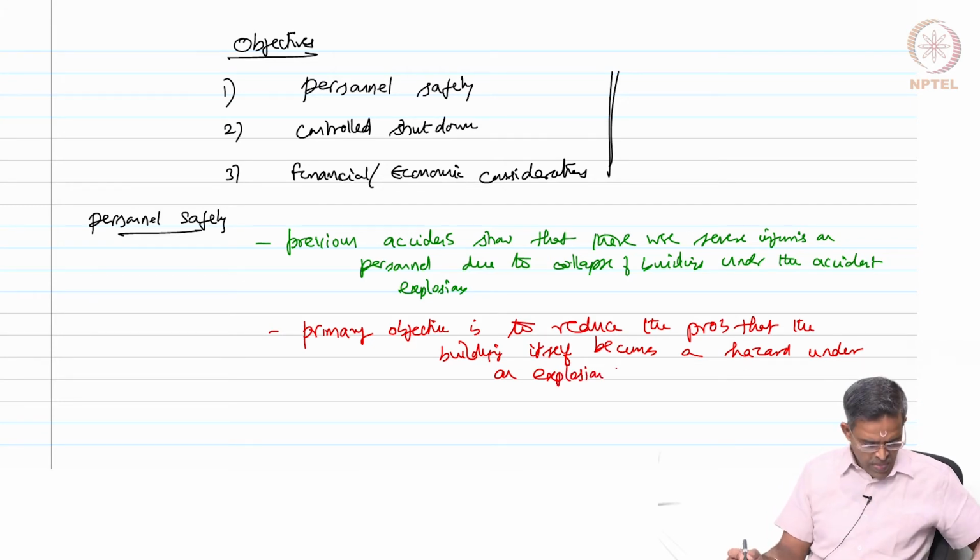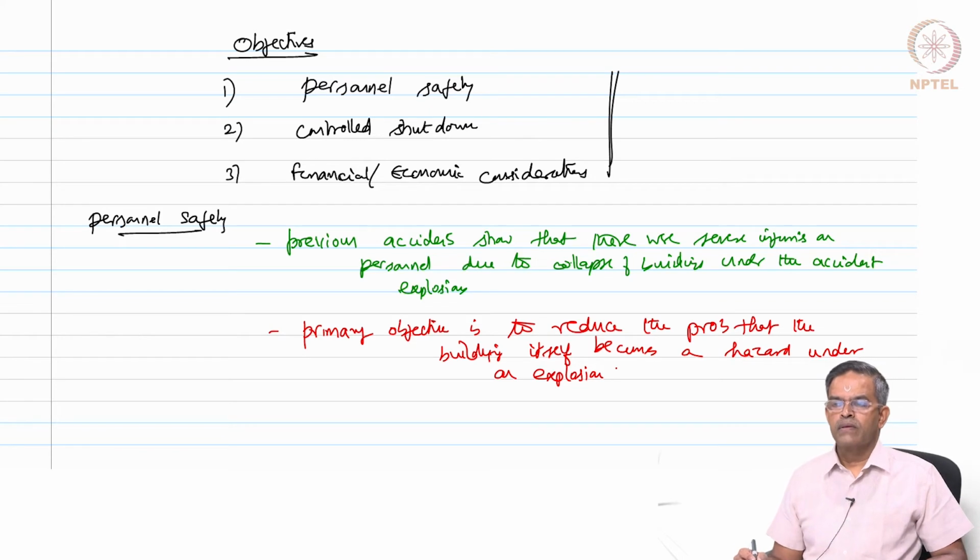That is why we said blast resistant design is also said as structural strengthening under blast loads. Okay, the concept is the same, because in many incidents it has been reported that the building collapsed and personnel inside the building were severely and fatally injured. To reduce that probability of the building itself becoming a hazard when subject to explosive accidents, we have to strengthen the building under these kinds of blast loads.